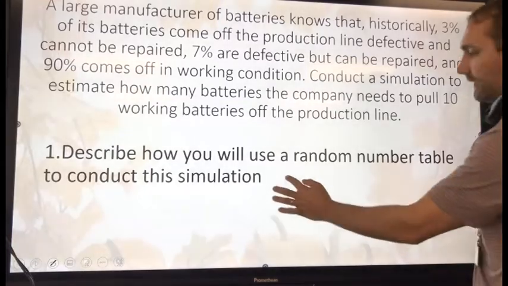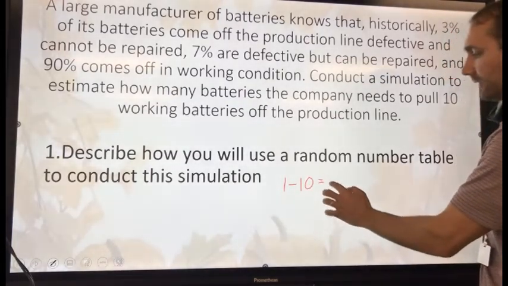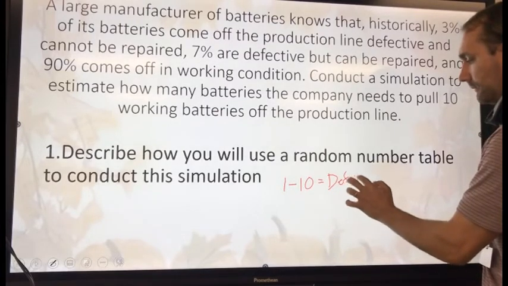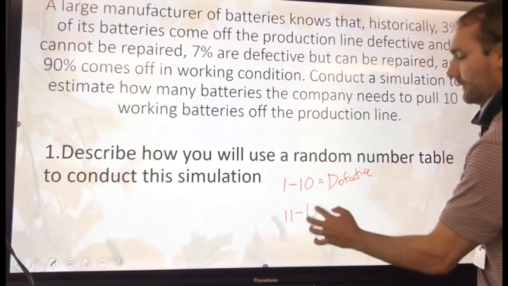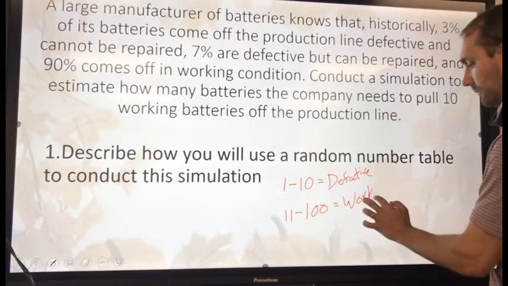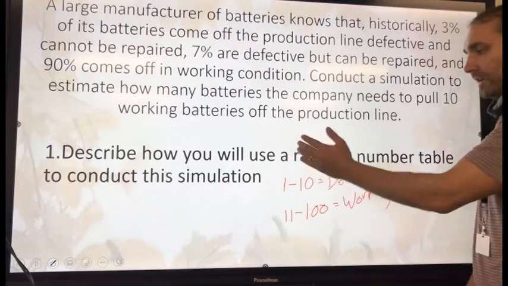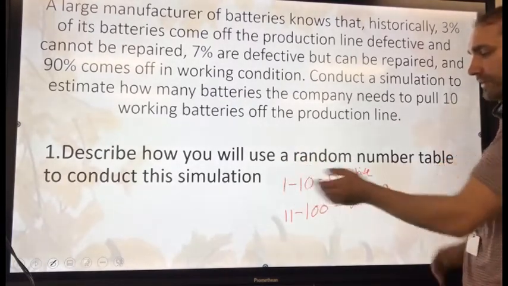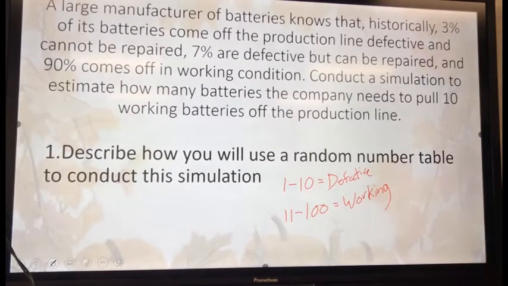So she's saying 1 in 10 represents defective, and then 11 through 100 is working. That'll work, right? Your range will be between 1 and 100. Numbers 1 through 10 will tell you defective. Any other numbers will say it's working.